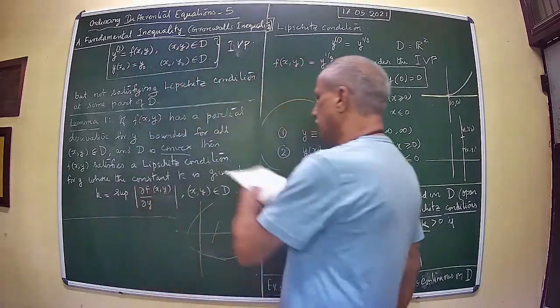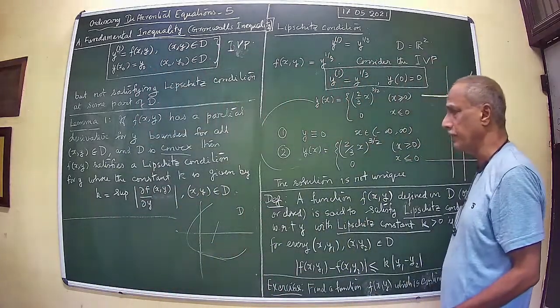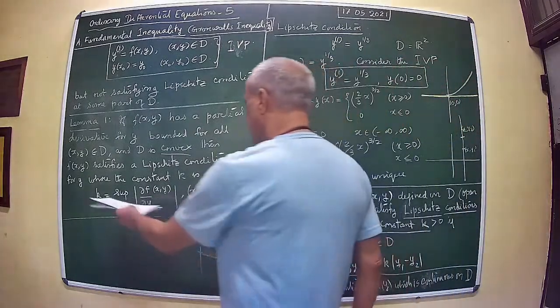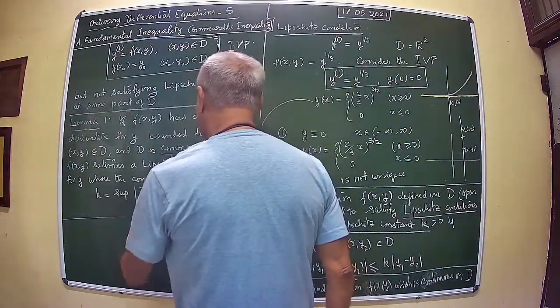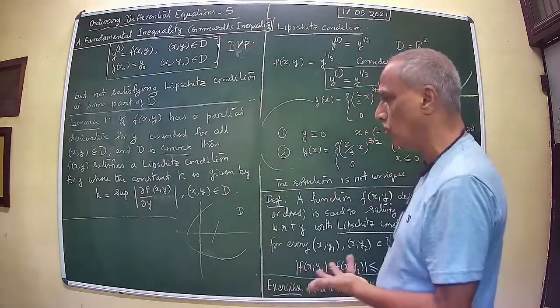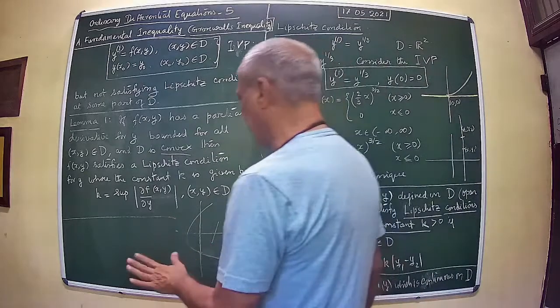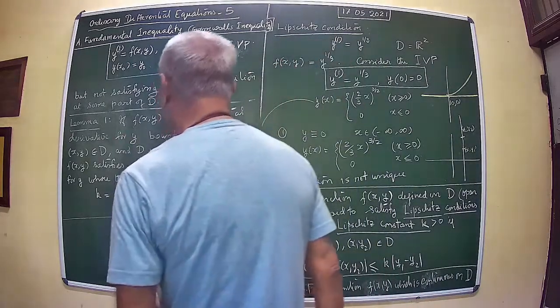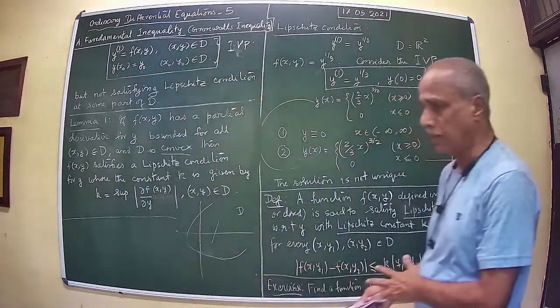Then f of x, y satisfies a Lipschitz condition for y, where the constant k is given by k equal to the supremum of df by dy. That is, you take the partial derivative, go for the bound of it, and call that k. And this is the lemma.